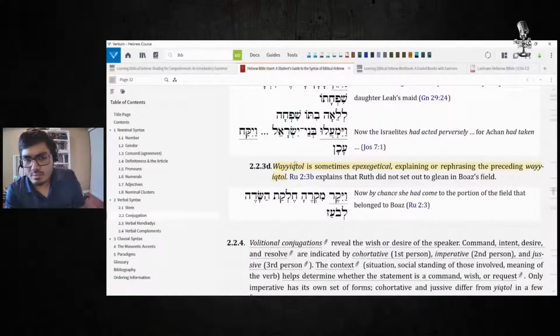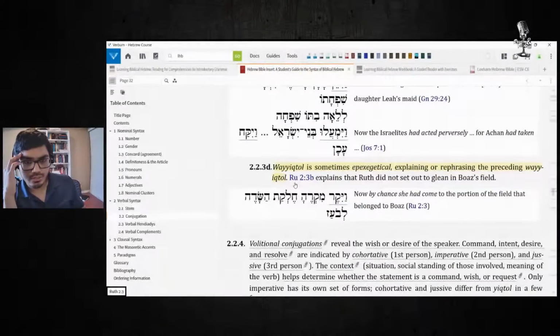Finally, there is what is called the epexegetical use of the Viktor, which is basically a Viktor that refers back to a previous event, a previous Viktor, and it's explaining it or rephrasing it. So in Ruth 2 verse 3, it talks about Ruth did not set out to glean in Boaz's field.